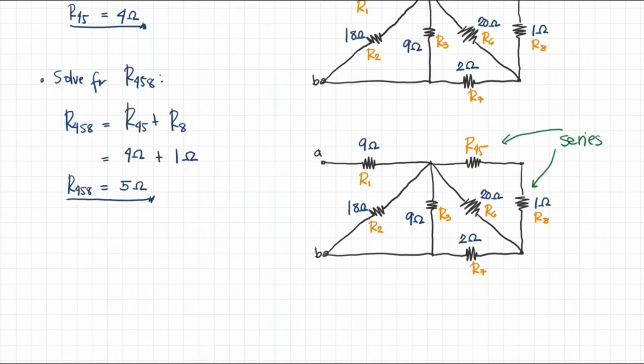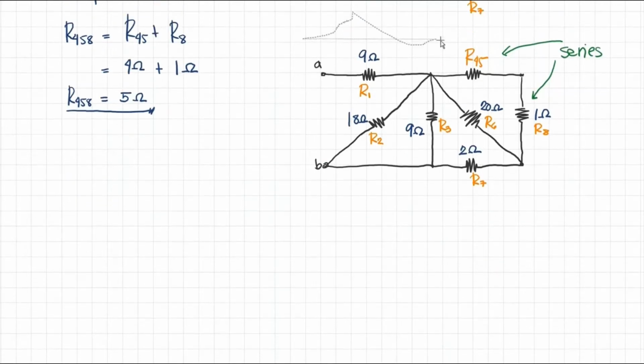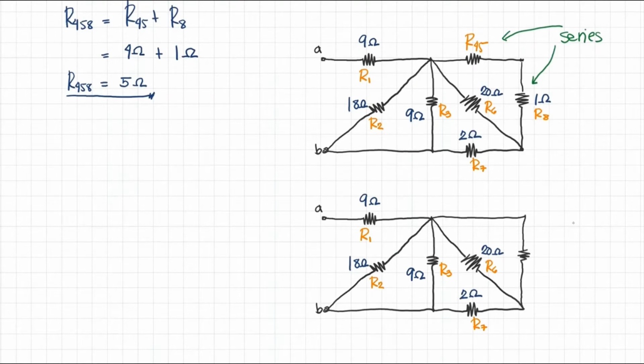So again, the next step would be to redraw. We combine R45 and R8. We will just redraw it and then include the new resistance, the equivalent resistance of R4, 5, and 8. And now, we can observe that R458 is in direct parallel with R6. Since they are in parallel with each other, we can calculate the value of their combination using the parallel formula.